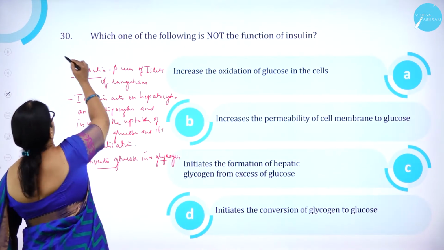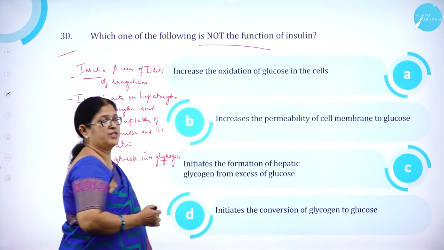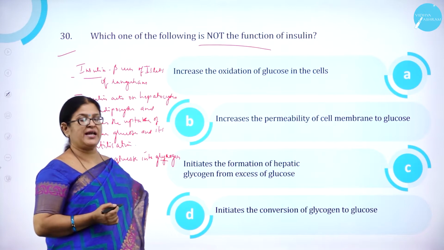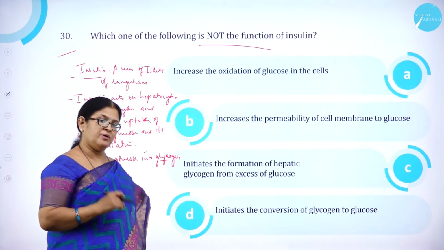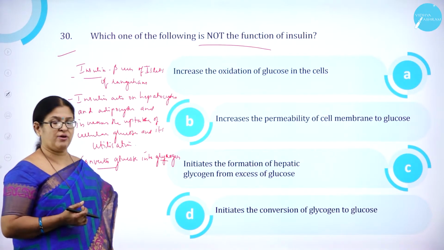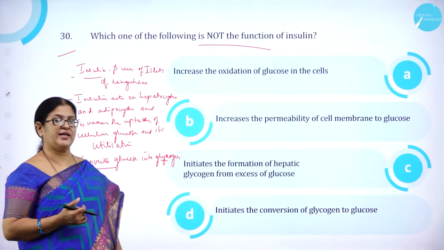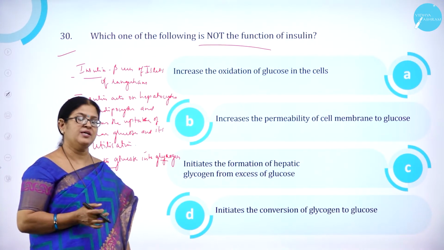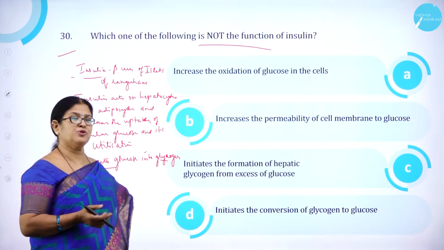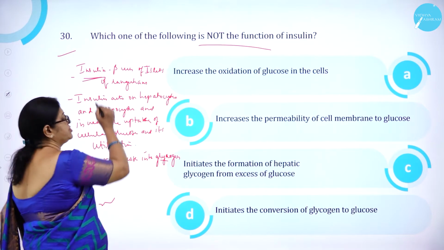Moving on to question number 30. Which one of the following is not the function of insulin? As we know, the pancreas is a gland which acts both as an endocrine organ as well as an exocrine organ. The endocrine part of the pancreas, called the islets of Langerhans, produces two types of cells, alpha cells and beta cells. Alpha cells produce a hormone called glucagon and beta cells produce a hormone called insulin.